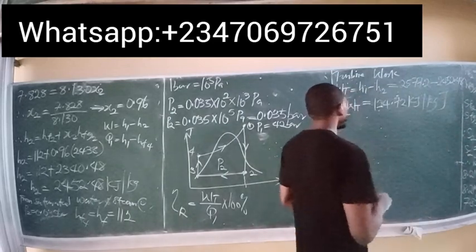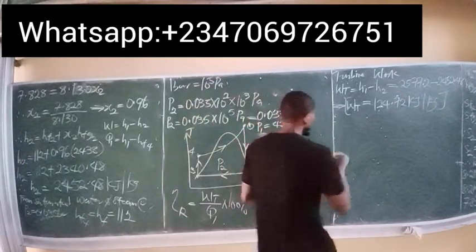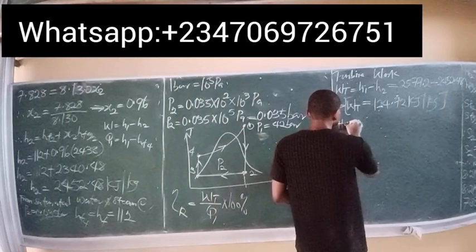Okay, so having known the turbine work, next thing is to find the heat supplied by the boiler, which is at state 1. So Q1, heat supplied by boiler.